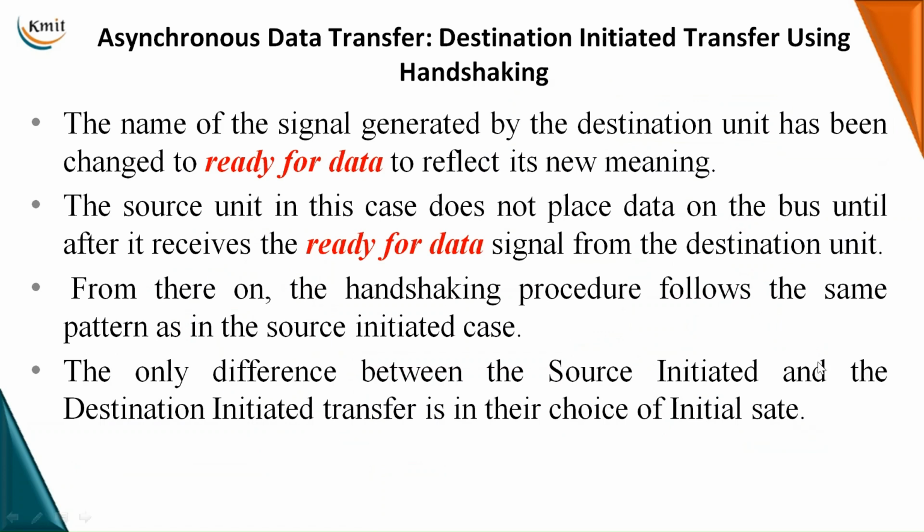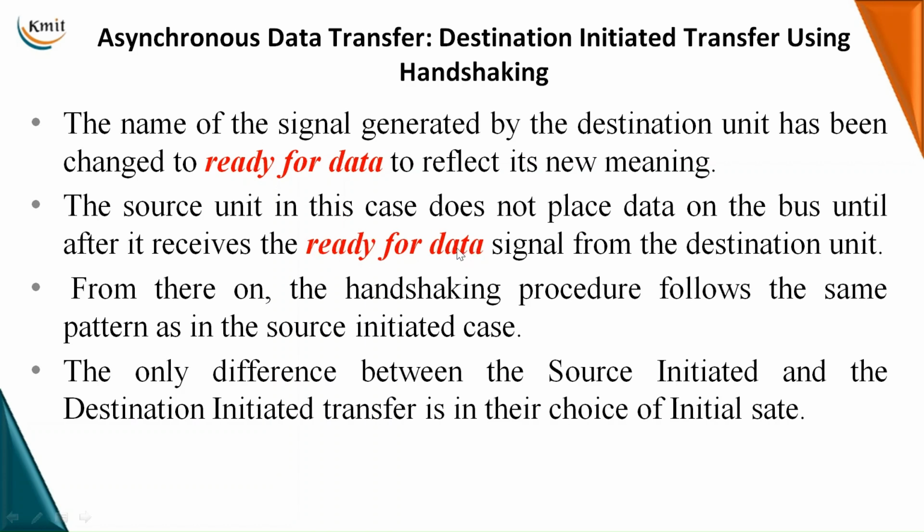So coming to the destination initiated, the name of the signal which is generated by the destination unit has been changed to ready for data. The source unit in this case does not place the data on the data bus until it receives the ready for data signal from the destination unit. So it is the destination which is responsible for initiating the data transfer. Whenever it receives the ready for data, it will place the data on the data bus.